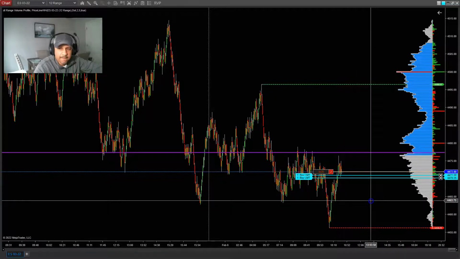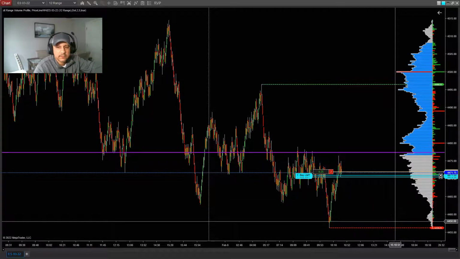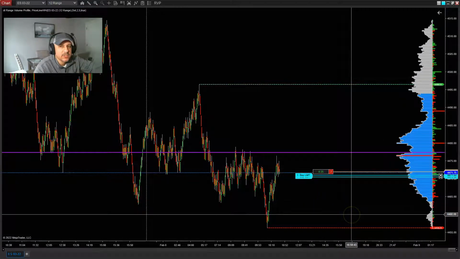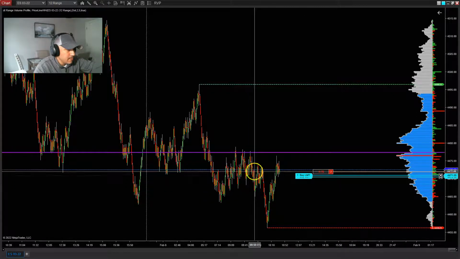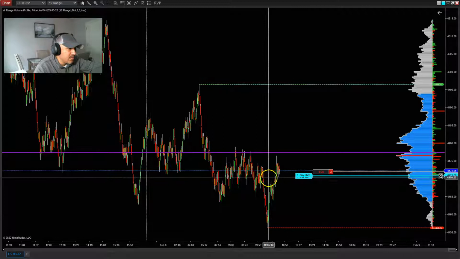Going short. Bring this over here so we can see the trade take place. See the market rotating right here, moving sideways.